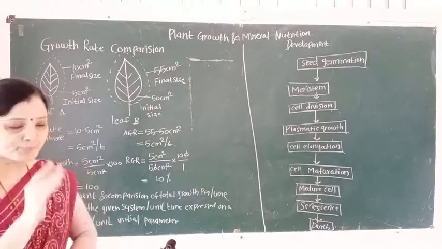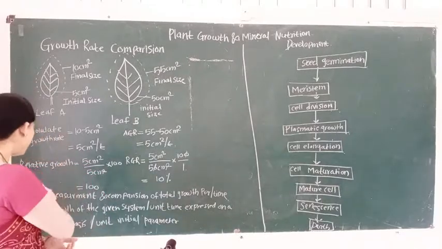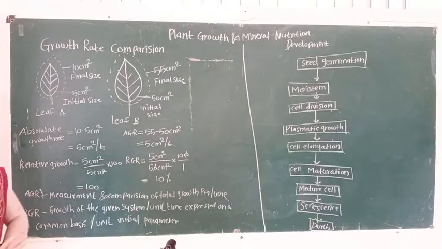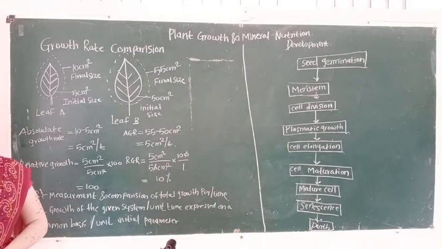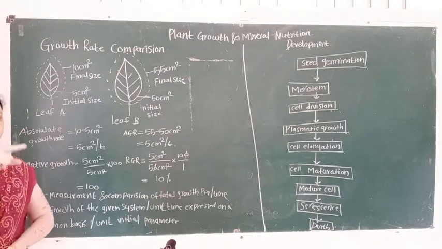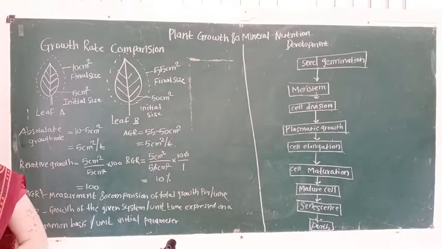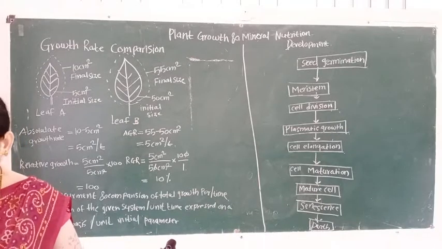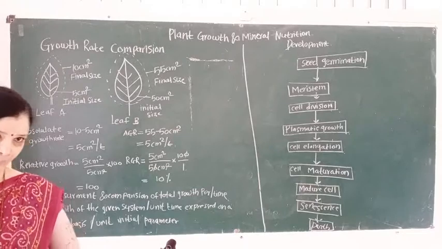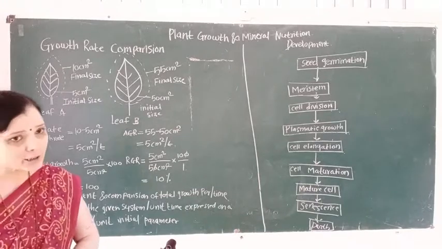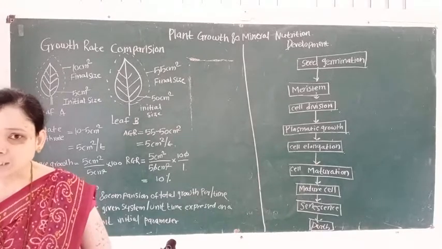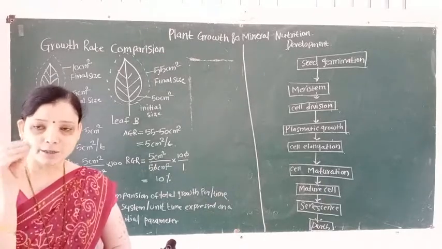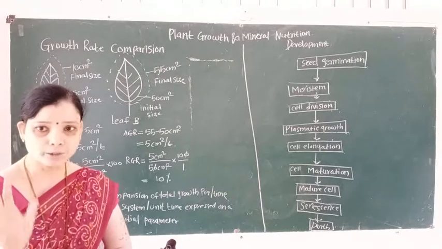AGR means absolute growth rate and RGR means relative growth rate.